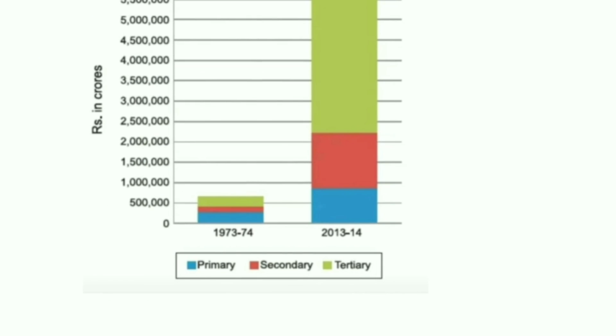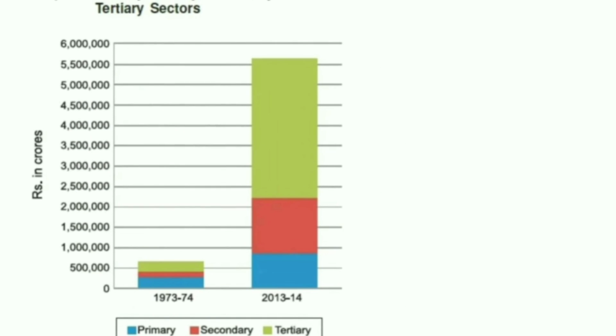The blue color is the primary sector, and its contribution was maximum compared to the other sectors. In 2013-14, the green portion, which is the tertiary sector, has gained more importance. This is how the sectors are being replaced.